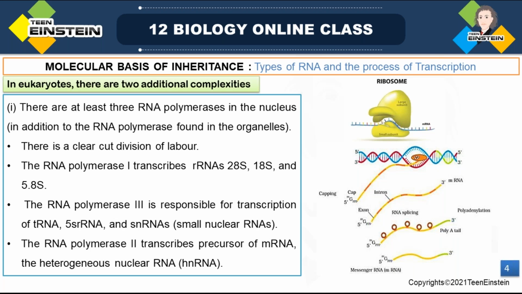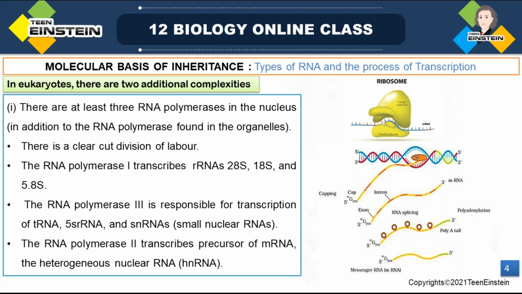So in the transcription process of eukaryotes, there are some other complexities. You can see some more complexities in the case of eukaryotic transcription. So in eukaryotes, in addition to the RNA polymerase found in the organelles, there are at least 3 RNA polymerases in the nucleus.